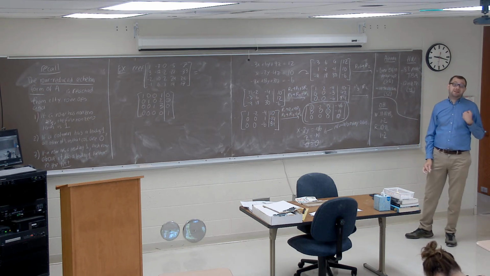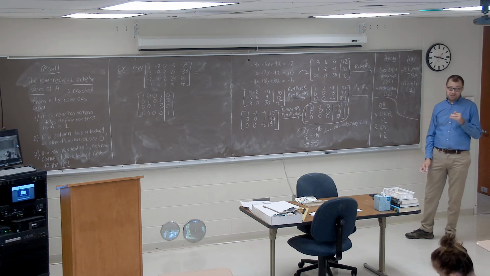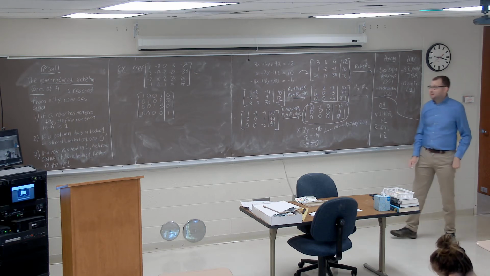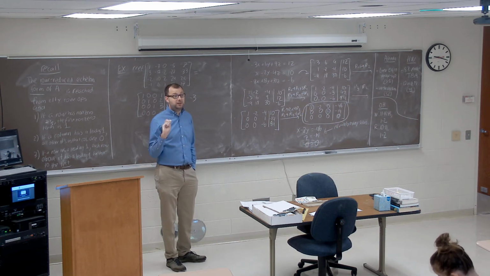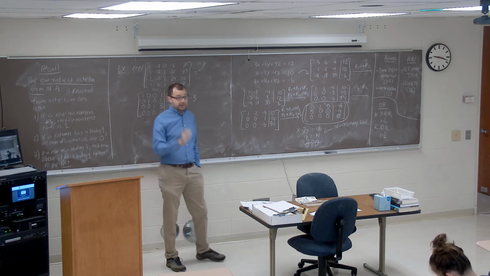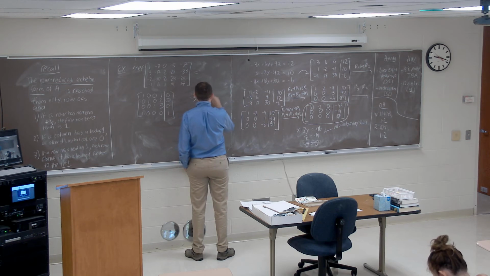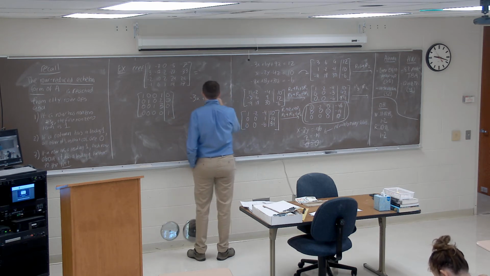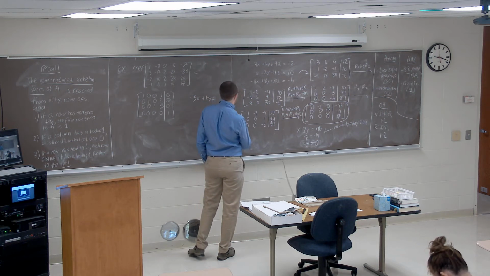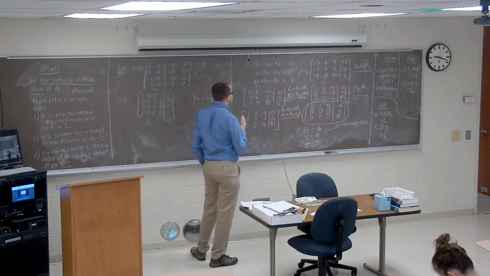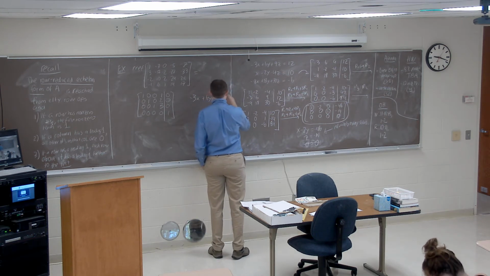Spoiler alert, you'll find there are infinitely many solutions for x and y, even though you have 3 equations with just 2 variables. The more I talk about how much I don't want to do this, the more I want to do this. So let's actually do that. We would get negative 3x plus 6y minus 14 times 9, which is 90 plus 36, so minus 126, equals 12.